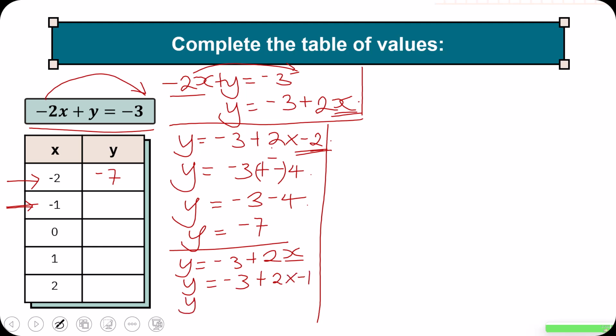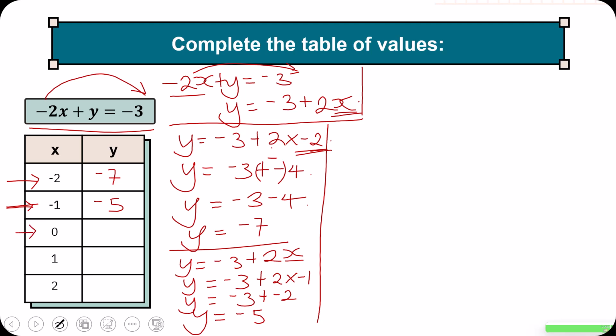And we shall have y equal to negative 3 plus negative 2, because 2 times negative 1 is negative 2. Negative 3 plus negative 2 gives you y equal to negative 5. So we shall bring negative 5 and place it here. So we can move on to the next x value.